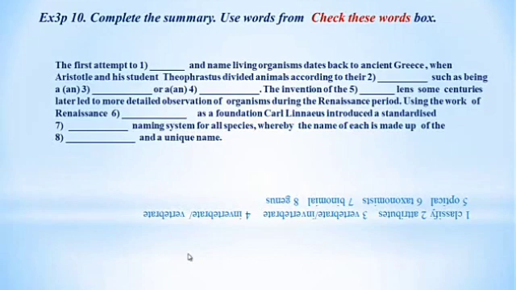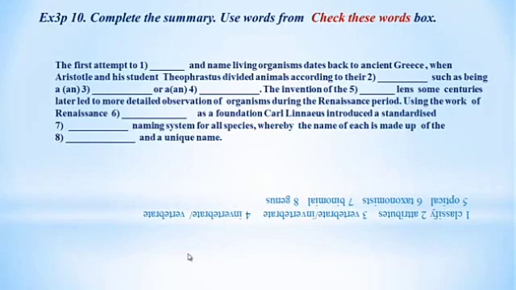The first attempt to classify and name living organisms dates back to ancient Greece, when Aristotle and his student Theophrastus divided animals according to their attributes, such as being a vertebrate or an invertebrate. The invention of the optical lens some centuries later led to more detailed observation of organisms during the Renaissance period.